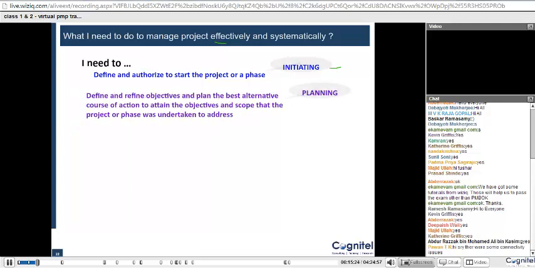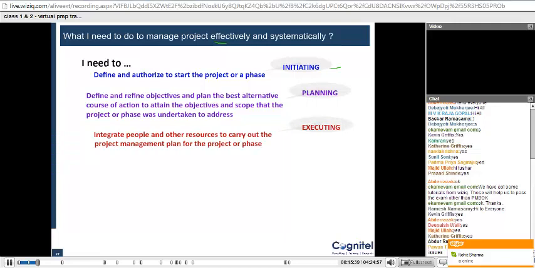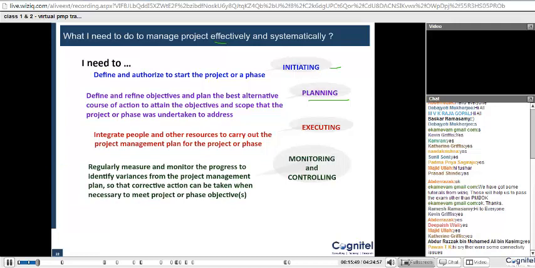After that, we need to define and refine our objectives and make certain plans on how to execute our project, which is done under planning. Then you need to integrate people and other resources to carry out the project management plan, which was prepared in planning, and that is done through execution.